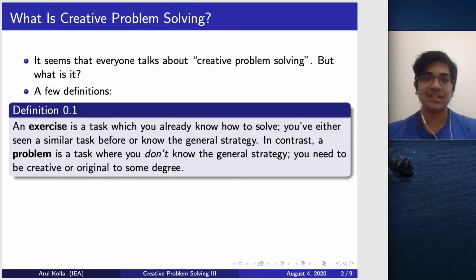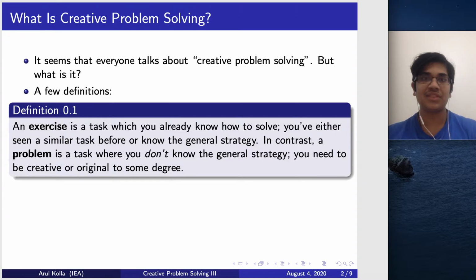Well, first let's hammer down a few things. An exercise is a task that you already know how to solve. For example, if you've seen someone else solve an addition problem and you know the algorithm, add the numbers, then carry, then add the numbers, then carry, that's an exercise. But a problem is a task where you don't know what to do immediately.